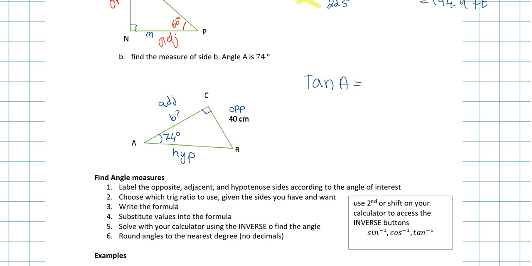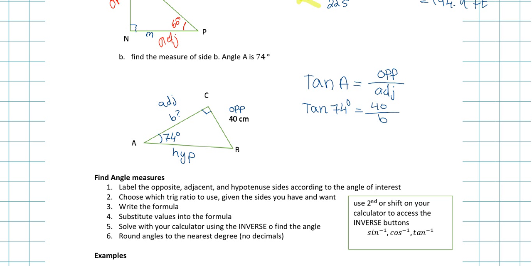So that means tan 74 equals 40 over B. Okay, how do I solve for B? Tangent is going to be divided 40. Okay. 40 over tangent of 74.